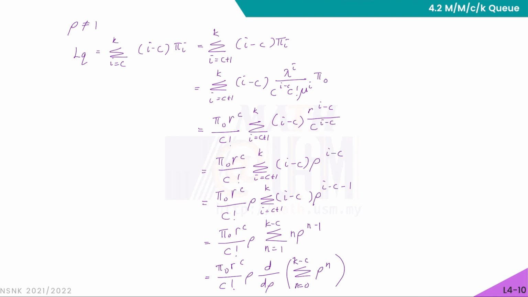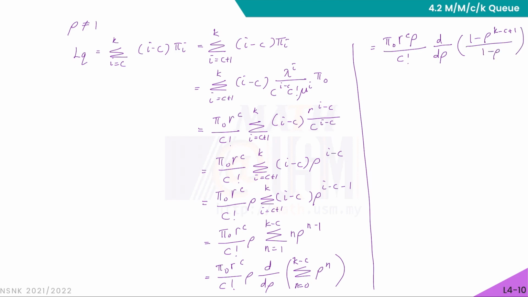So what we can do is determine the summation and then differentiate it. So we have pi naught times r to the power of c times rho over c factorial, and the sum of the terms can be simplified as (1 minus rho to the power of K minus c plus 1) over (1 minus rho), and then you're going to differentiate this term.